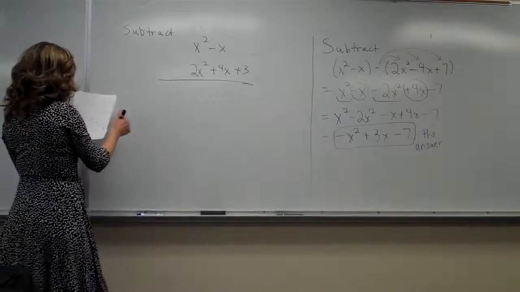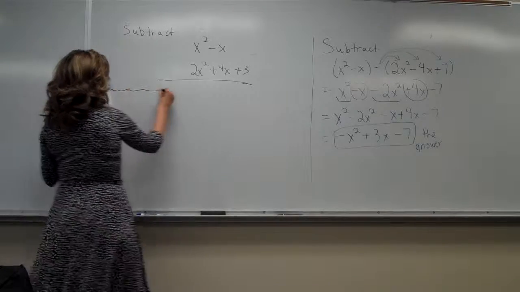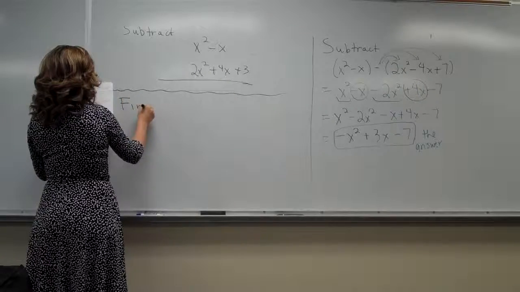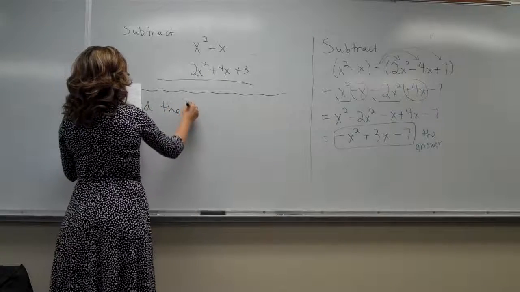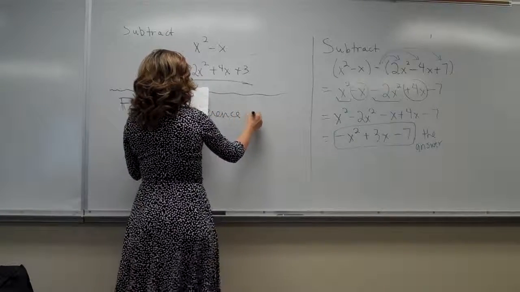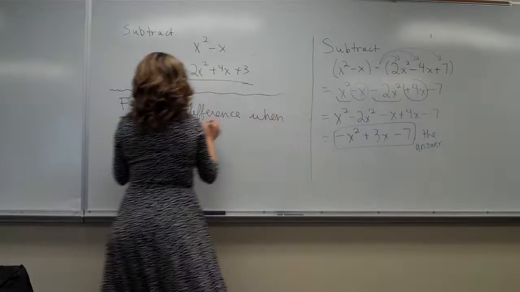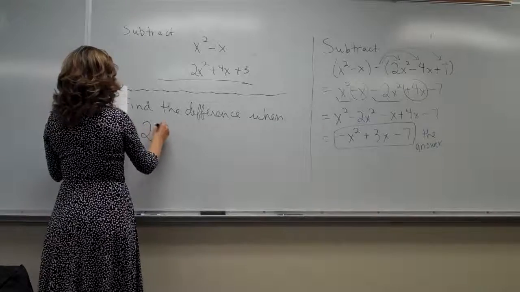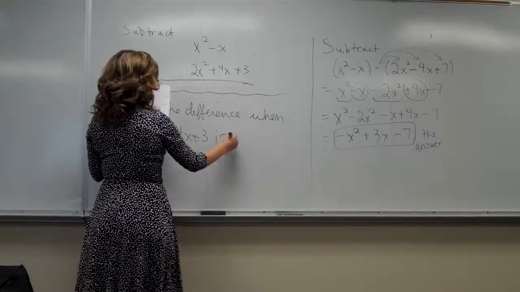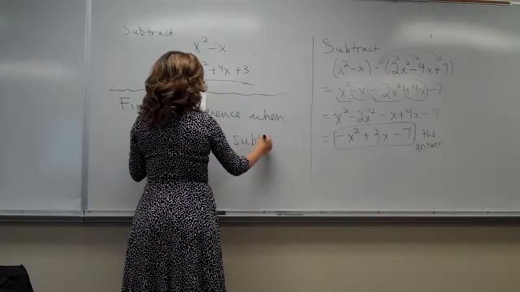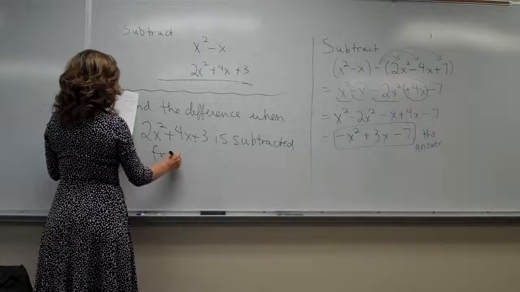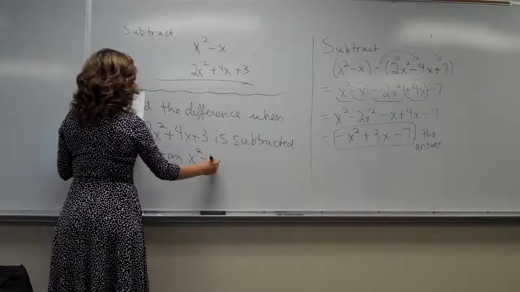Another way that students sometimes do not know what to do with this same question could be asked is find the difference when 2x squared plus 4x plus 3 is subtracted from x squared minus x.